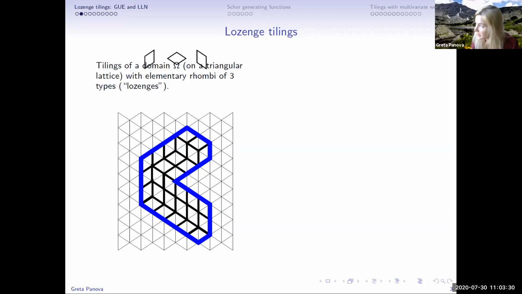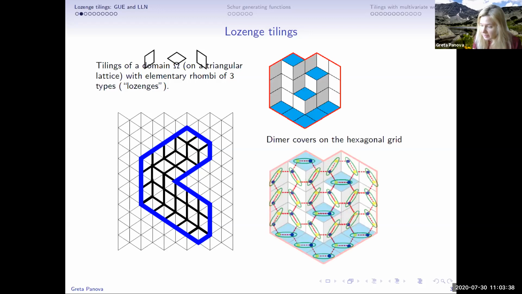So every tiling has the same weight and is equally likely as any other. And of course, as we mentioned already several times, Lozenge tilings really are a three-dimensional view, and you can see the height function in here, of a dimer model on the hexagonal grid.